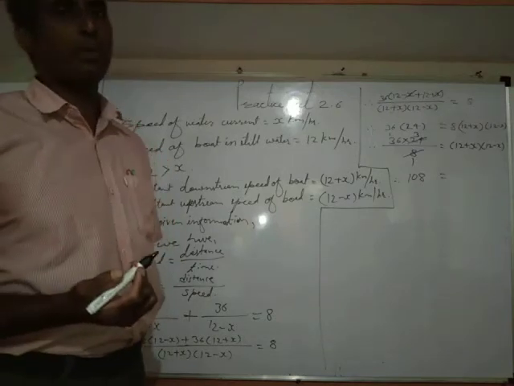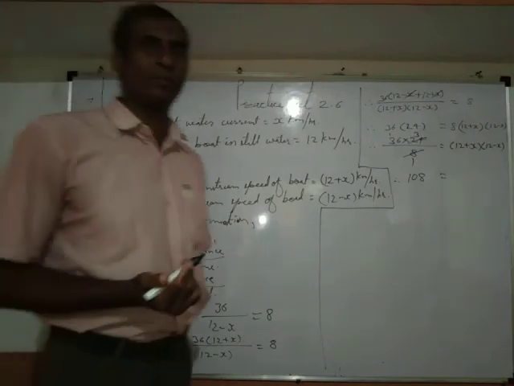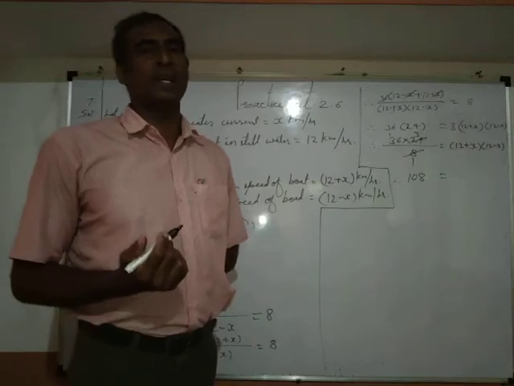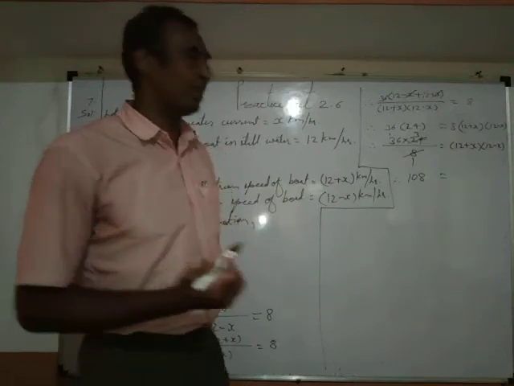It is in a form of a plus b into a minus b, and expansion of a plus b into a minus b equals a square minus b square.